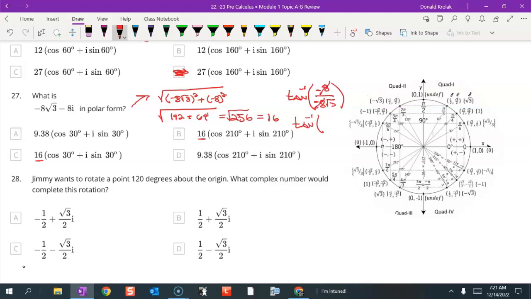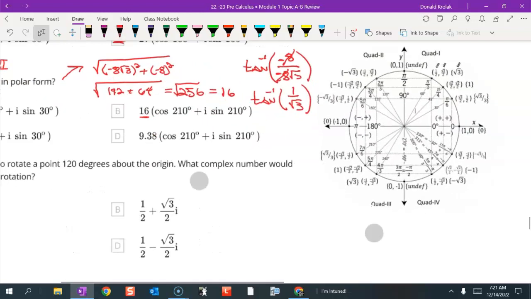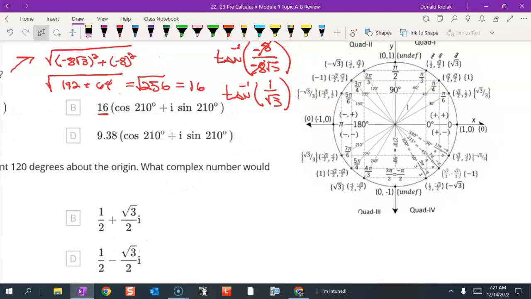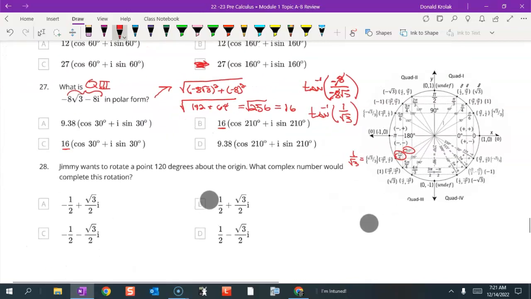Okay, those cancel, so I have 1 over root 3. All right, this is a negative and a negative. So this is in quadrant 3. So I'm going to go to quadrant 3 and look for that tangent. So 1 over root 3 is the same as root 3 over 3. So that's 210 or 7 pi over 6. So my answer is B.